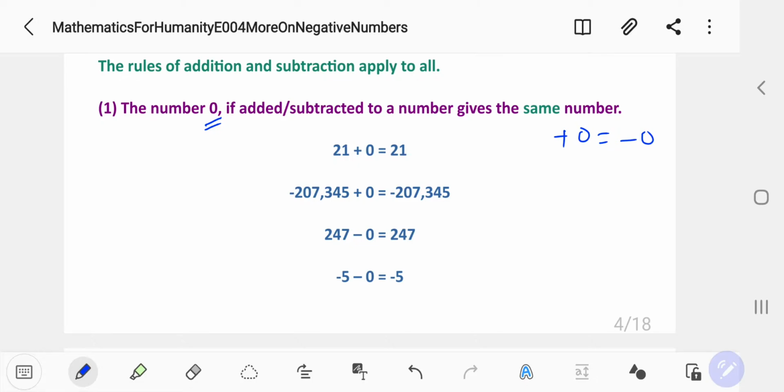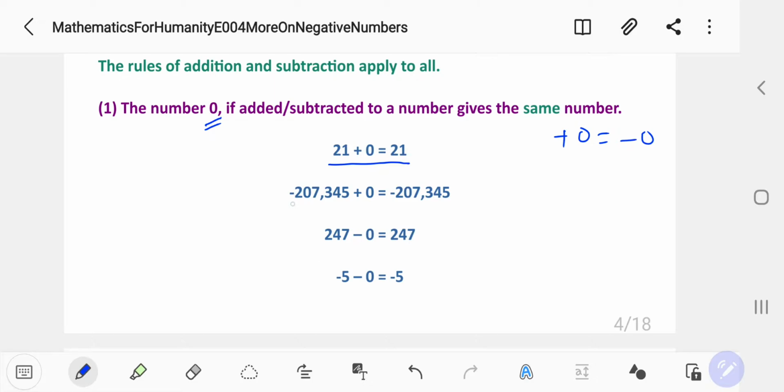So whether you add or subtract 0, you're not getting more or less. It's still the same. So you have here 21 plus 0 is 21.